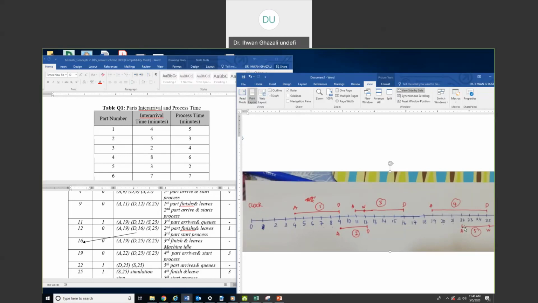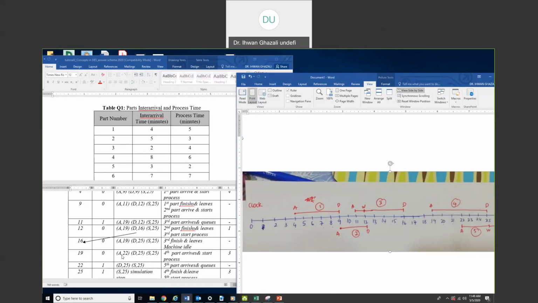22 is obtained from this one. Okay, the arrival from this and this, 3. So arrival for part number 3, this is future. Remember this one is future, is 22. 22 here. All right.